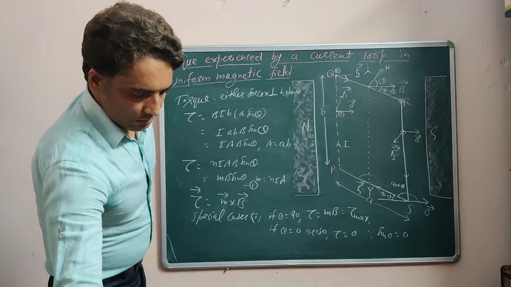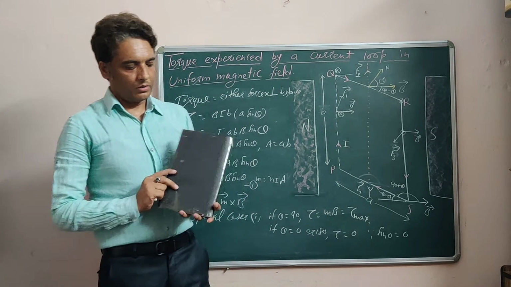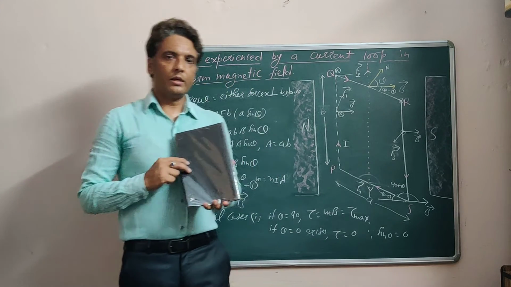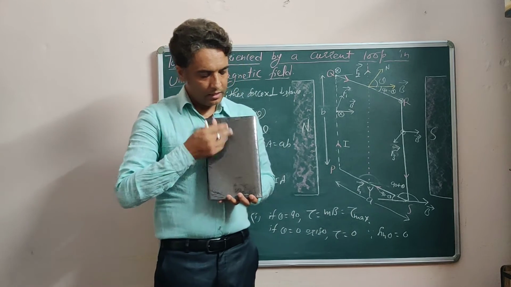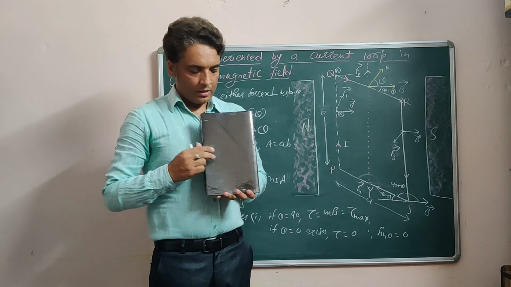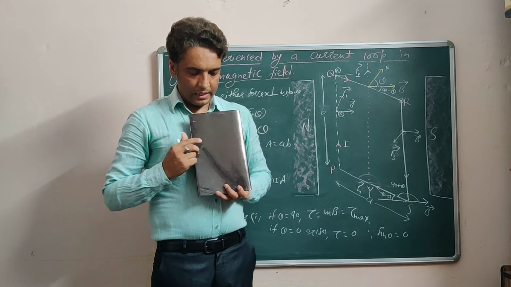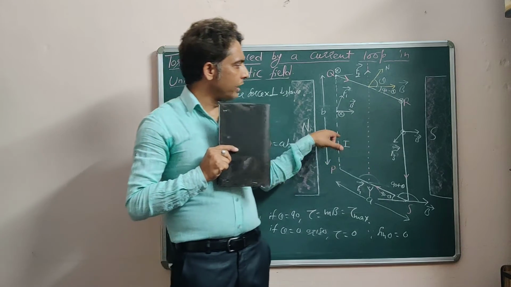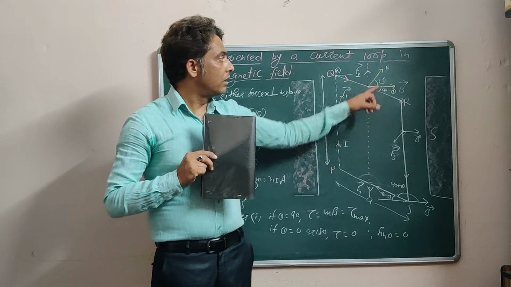Now we can understand this. Suppose this is a rectangular coil, and this is the plane of the coil. If I place this coil in such a manner that the direction of magnetic field is from left to right, then what is the value of theta?